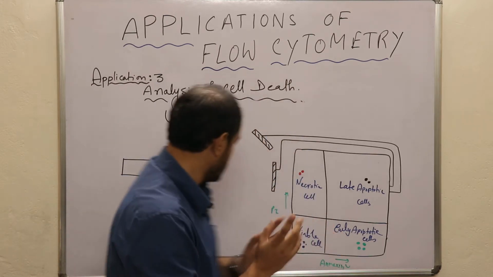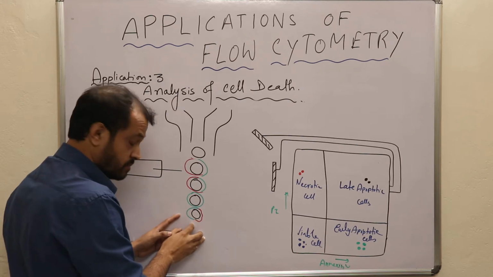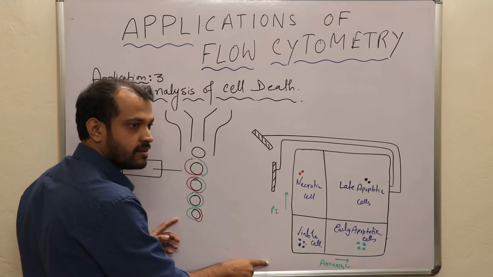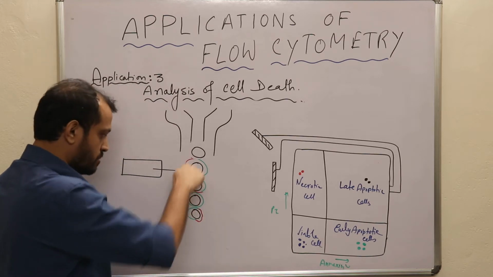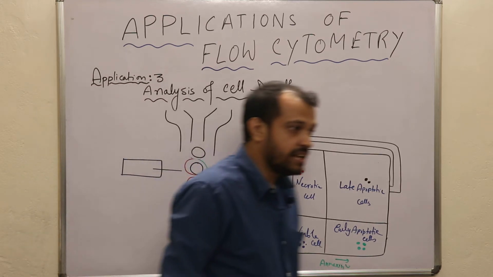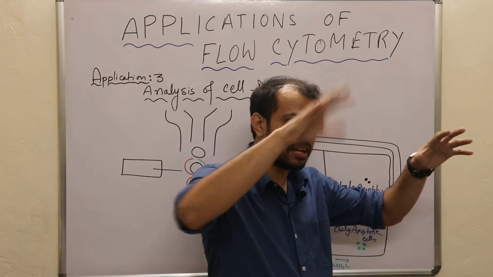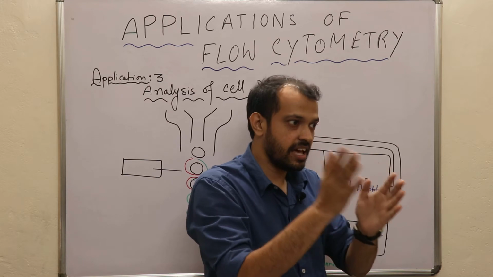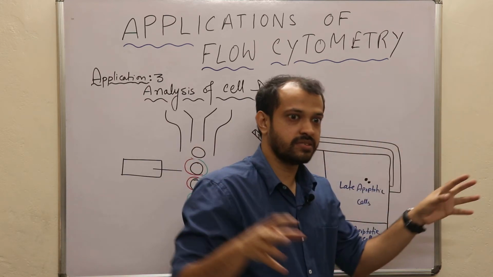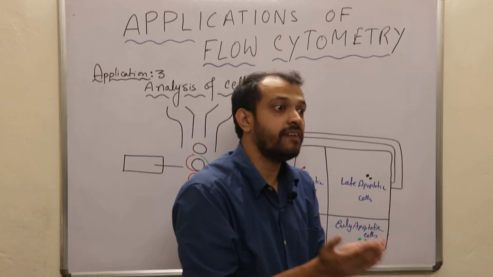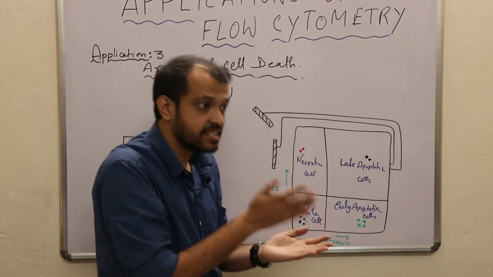Suppose this is double positive, suppose this is a necrotic cell, it will throw the necrotic cell here, early apoptotic cell here, apoptotic cell here. That means it will sort out which cells are which, differentiate between these cells, and separate these different types of cells into different collectors. This is called FACS, fluorescence assisted cell sorting.